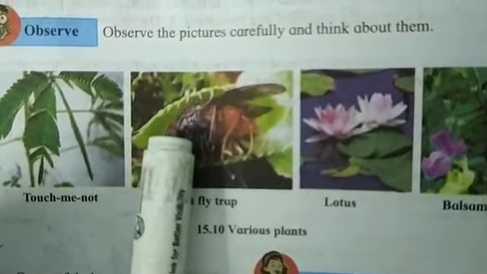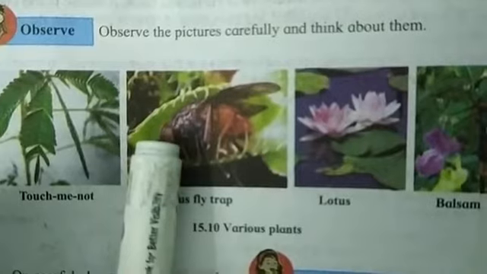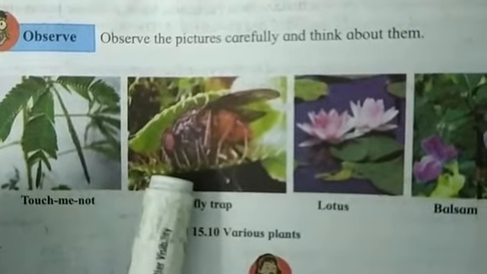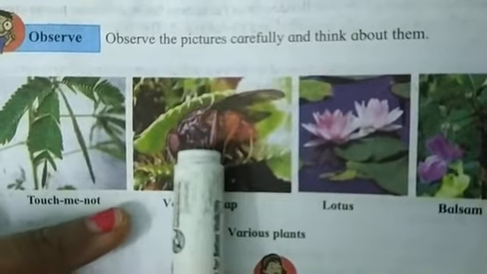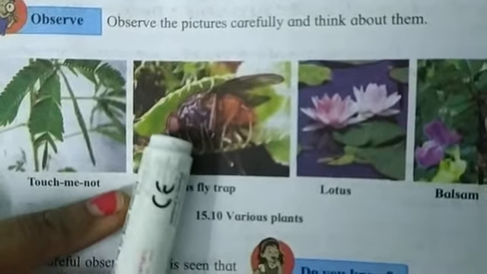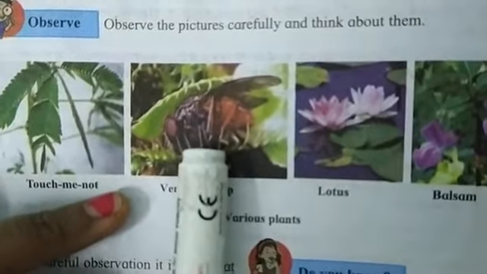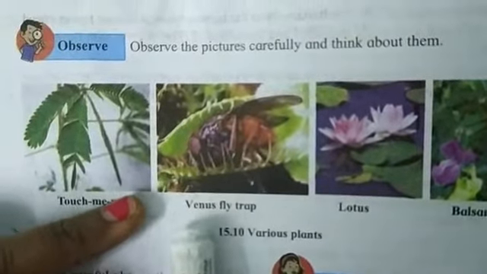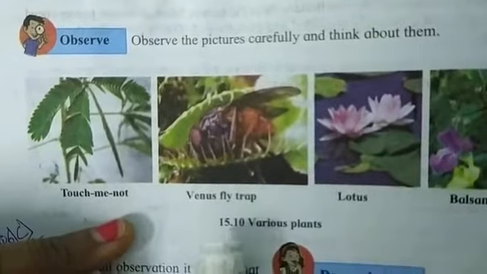Means that as this insect visited this flower, then this trap gets closed. And then after that the body of this insect can be used as food. The body of this insect can be digested by that plant.